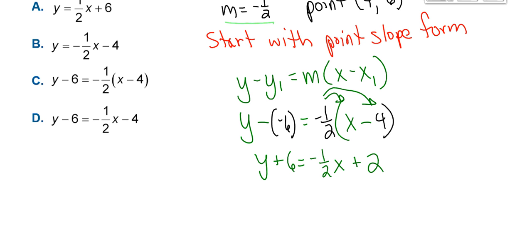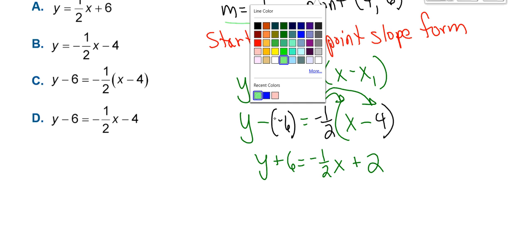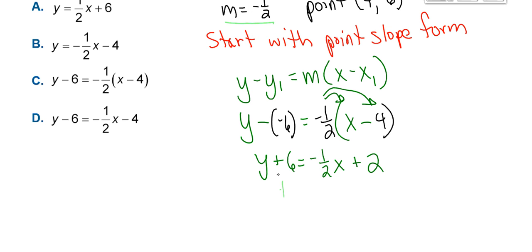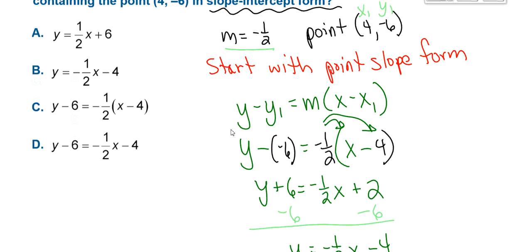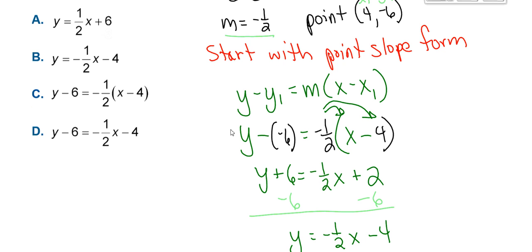And then we want to get the y alone. Oops, it is an added 6, so we're going to subtract 6. -6 minus 6, and then that's going to give us y equals -1/2 x minus 4. And when we look at our choices here, -1/2 x minus 4 is letter B.